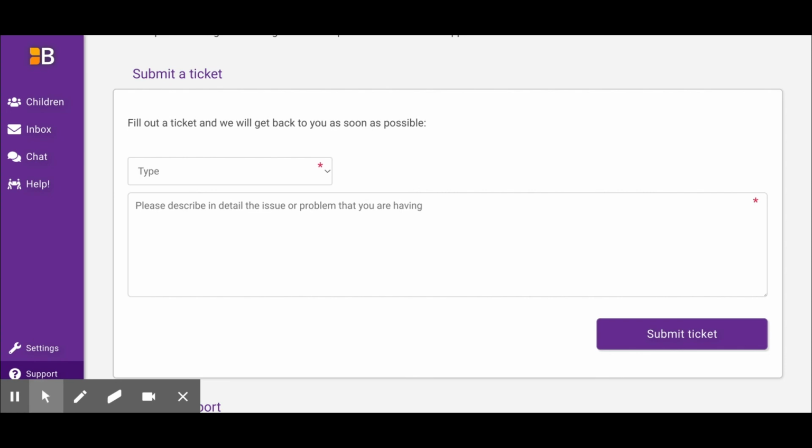This is if you have a problem or a question on the BehaviorFlip end, as far as how the software works, not as far as what teacher did what, or what teacher gave consequence for what. That's, again, a school level email or a school level notification using the chat feature. This is if you have a question with our actual software.